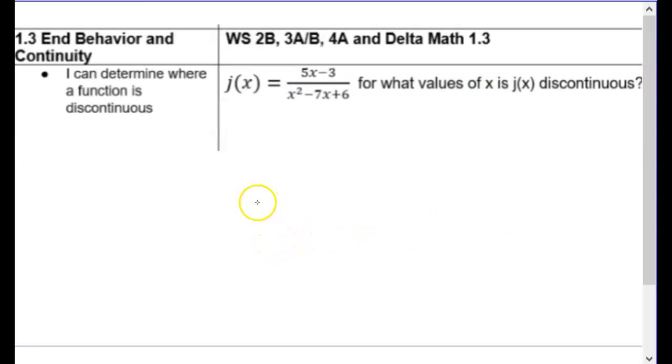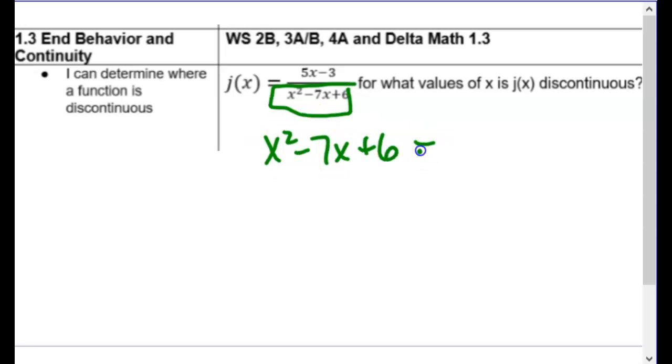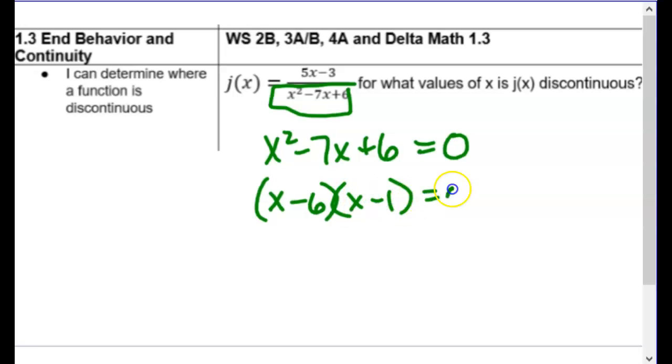Before this one? Okay. What's the rule about x is in the denominator? This cannot equal 0. Okay. So what do you have to be able to do? 6 and 1 maybe would make 7. Did I factor it correctly? Multiplies to positive, -6, -1. Okay.